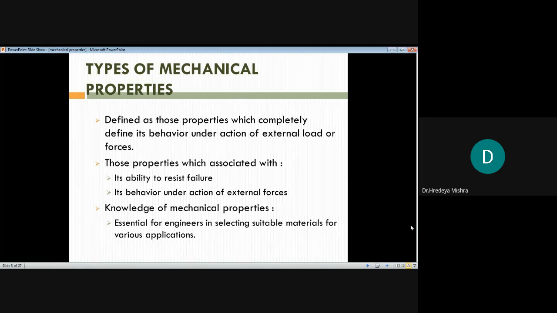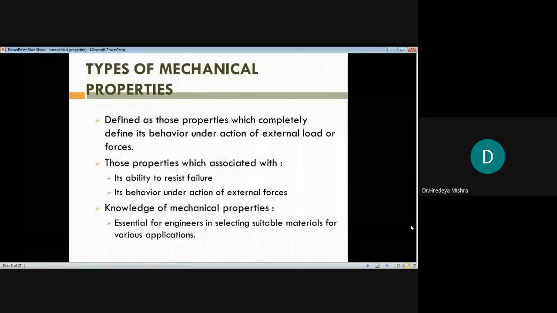Listen carefully. The failure is when the component or equipment or product is not performing the application for which it is made. And what is fracture? Fracture is nothing but breaking; the component is broken down.